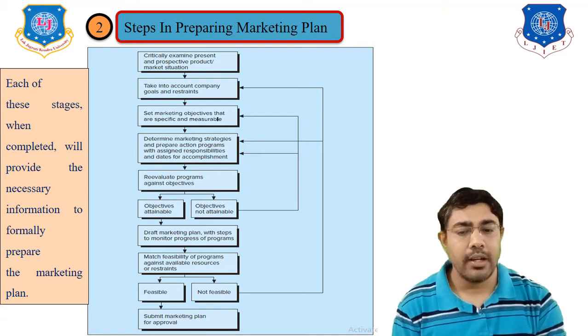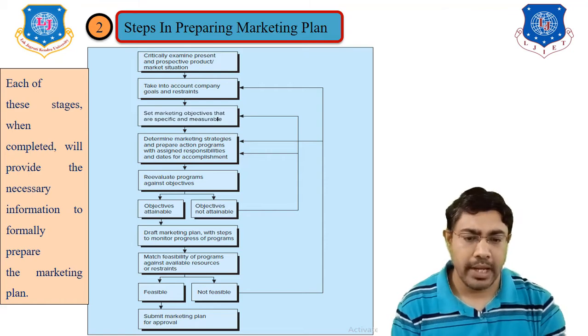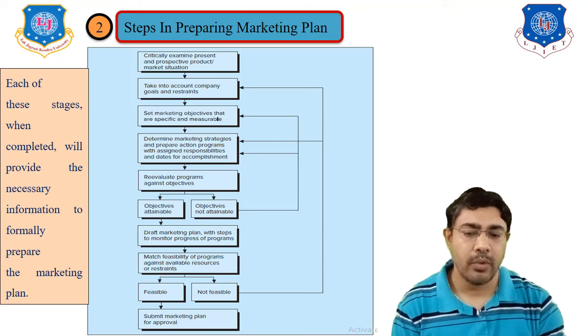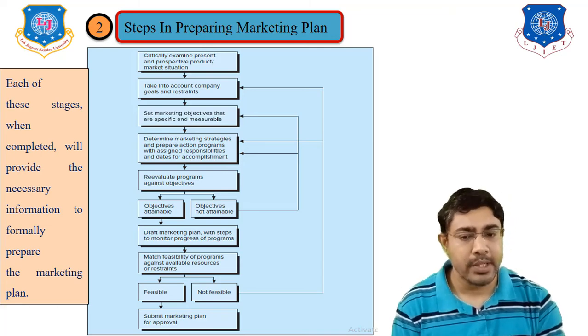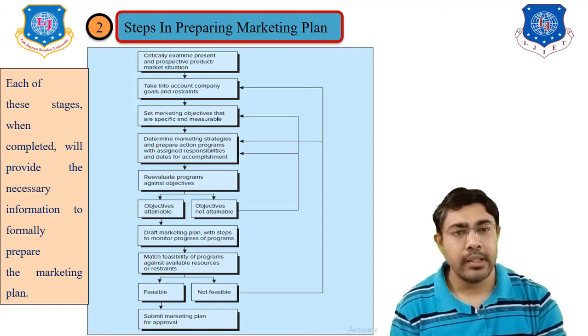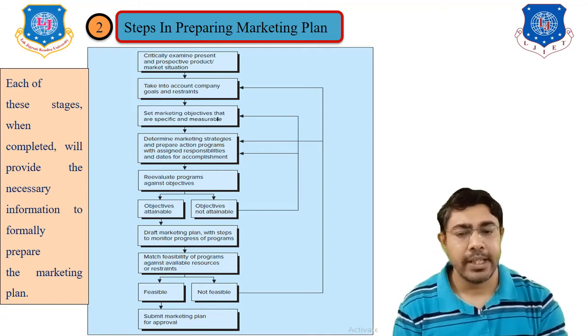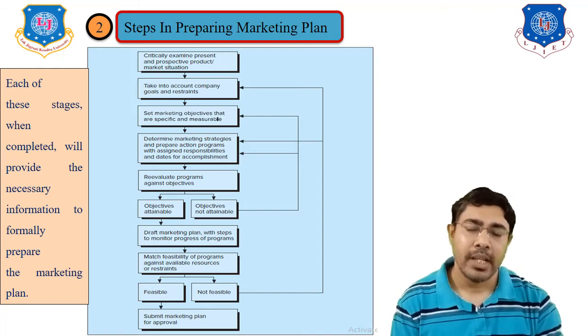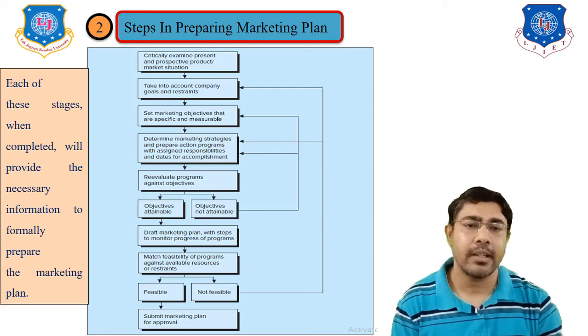So you have to draft the marketing plan with the step to monitor the progress of the programs. And the next is to match the feasibility of the programs against available resources or restraints. So after drafting the marketing plan, you have to check whether the programs or marketing plan meet feasibility against the resources available.